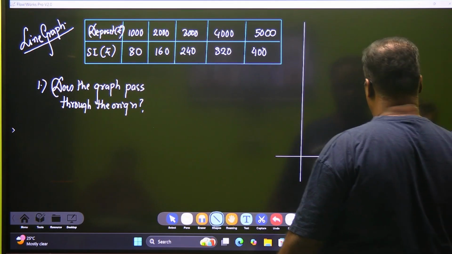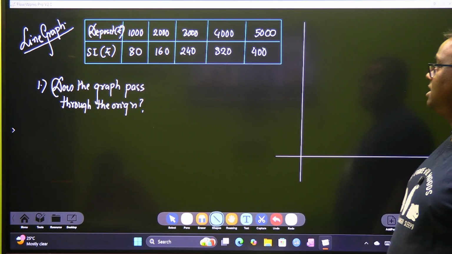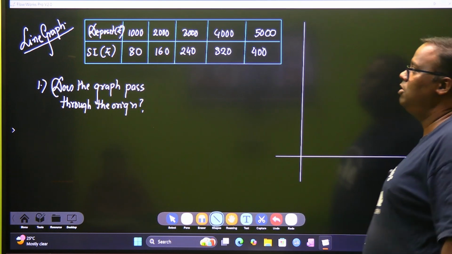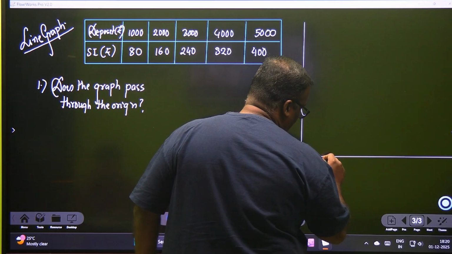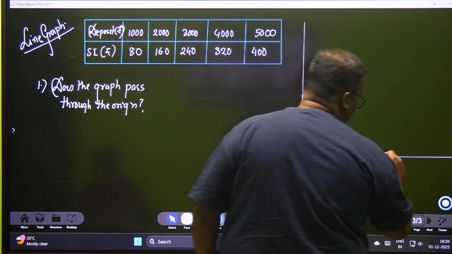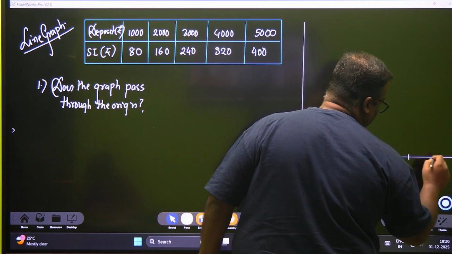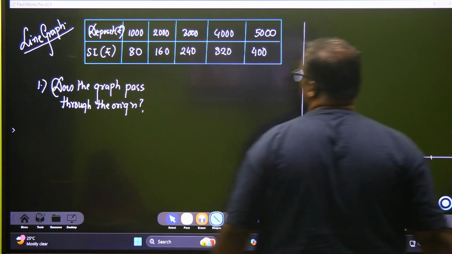The whole graph becomes beautiful once you select your axis. How will we do it? Deposits 1000, 2000. We can mention these as deposits: 1000, 2000, 3000, 4000, 5000, 6000, and then 80, 160.